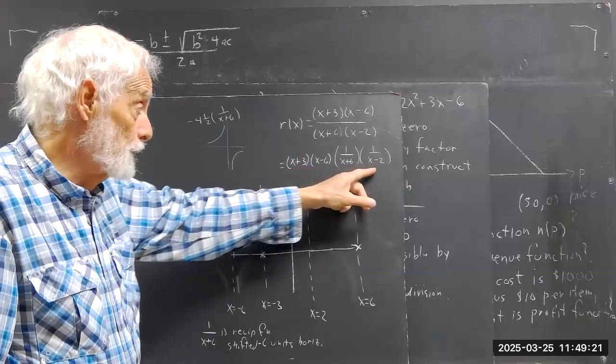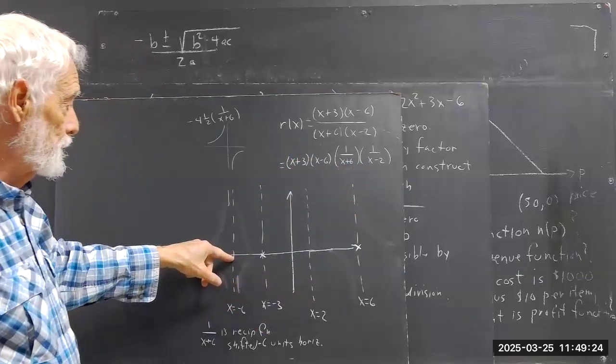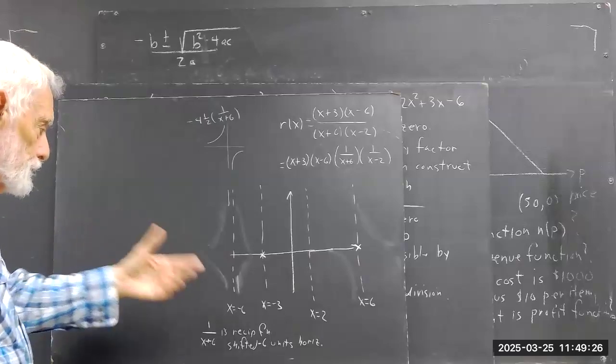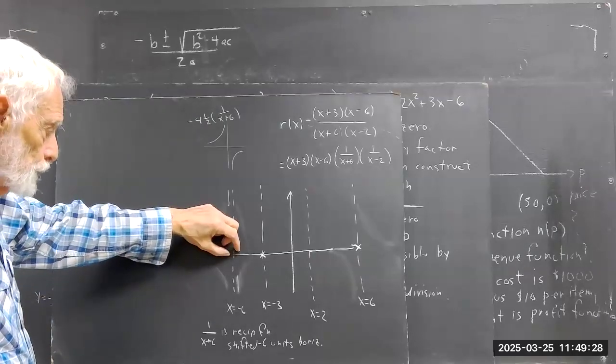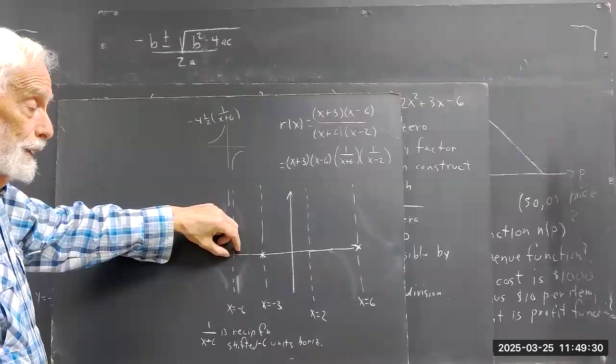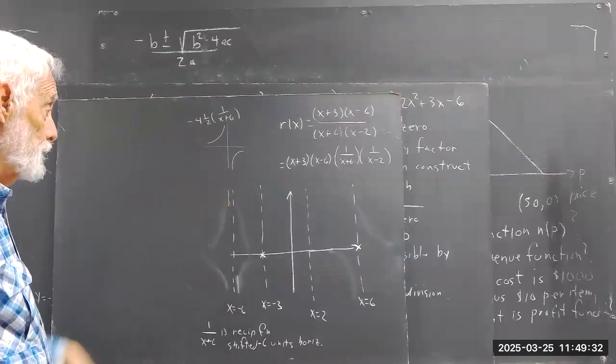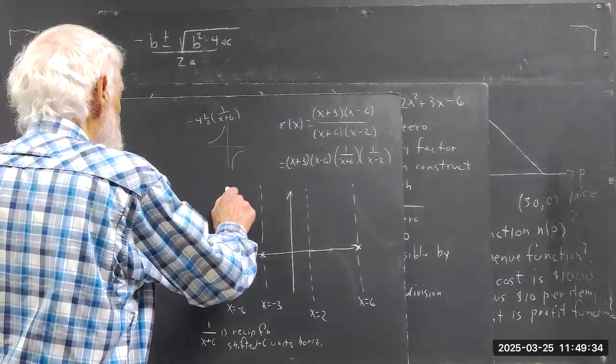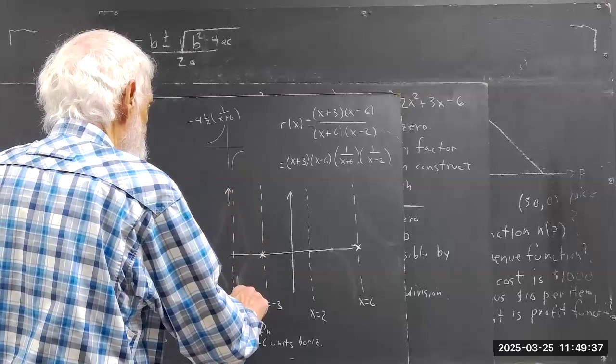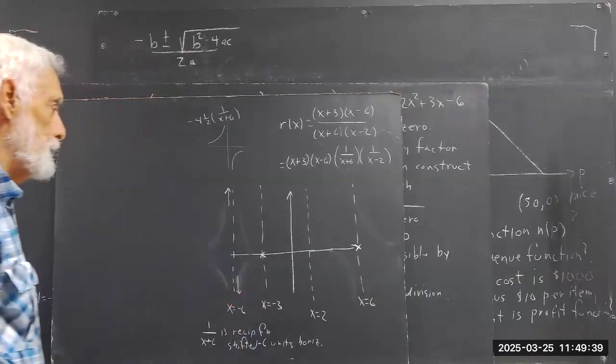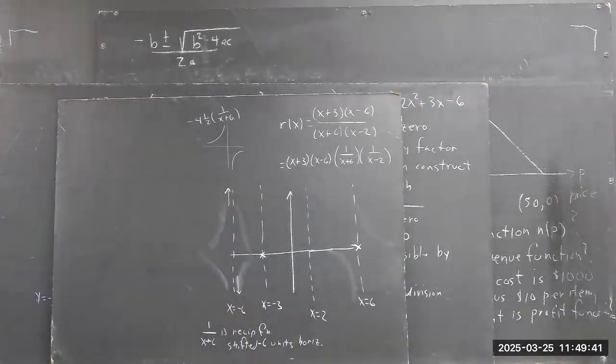And for values very close to x equals -6, it's going to follow this function. So we're going to have a vertical asymptote that looks something like this.